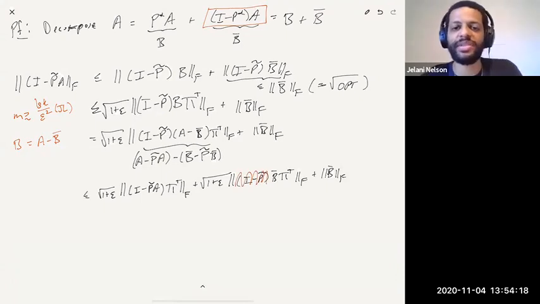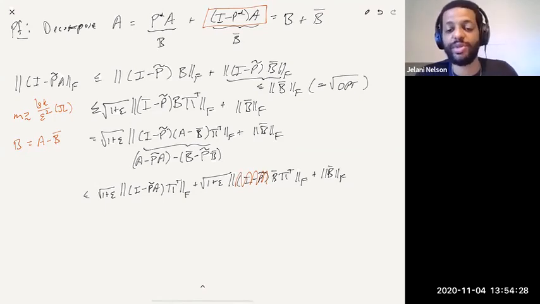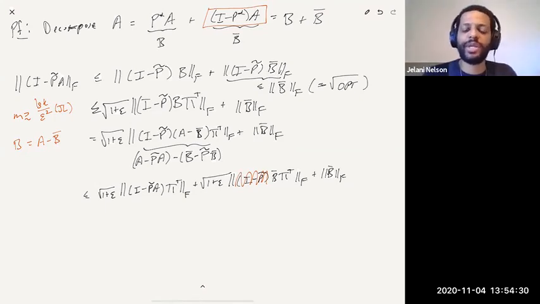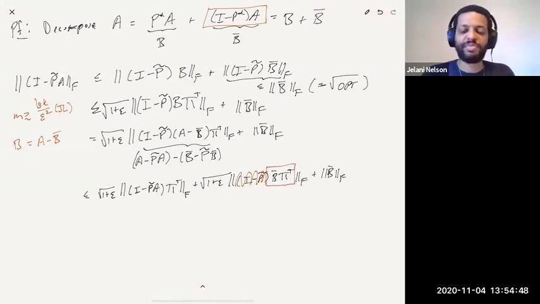And then we talked about this last time on Monday. We said, look, if you have a fixed vector and you take a random matrix pi, it's going to preserve its norm with high probability. That's distributional JL. And not only will it preserve the norm of a fixed vector with high probability, it'll also preserve the Frobenius norm of a fixed matrix with high probability, as long as it satisfies the JL moment property. Does that sound familiar? So I want to use that right here: as long as pi satisfies the JL moment property, it's going to preserve the Frobenius norm of B bar with high probability.